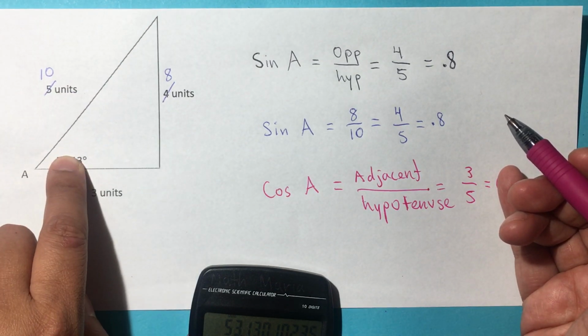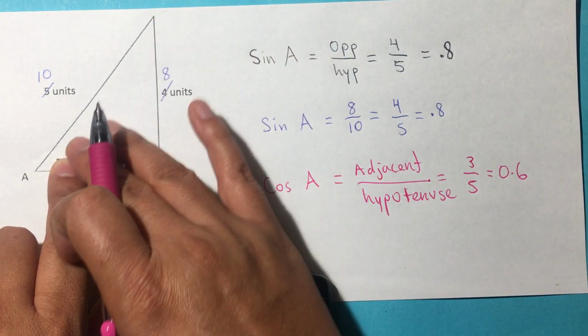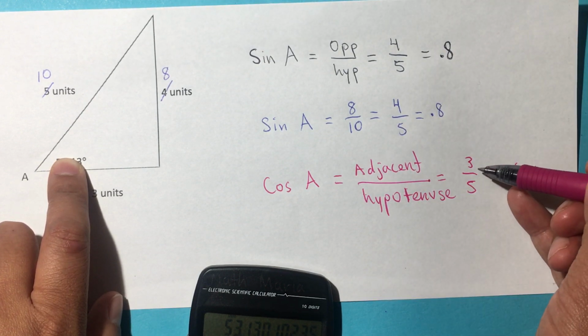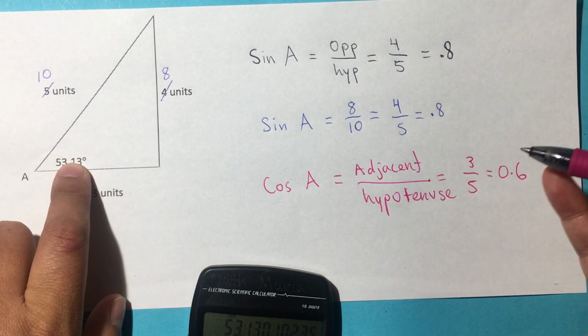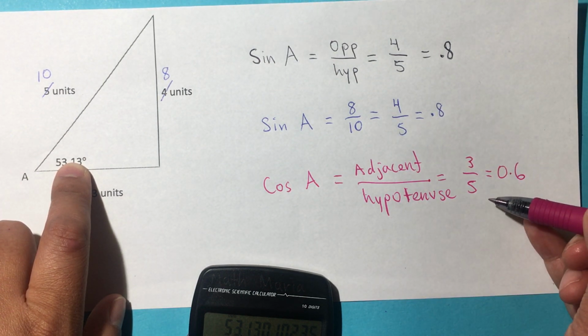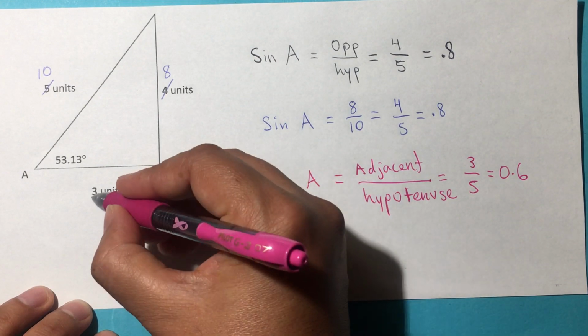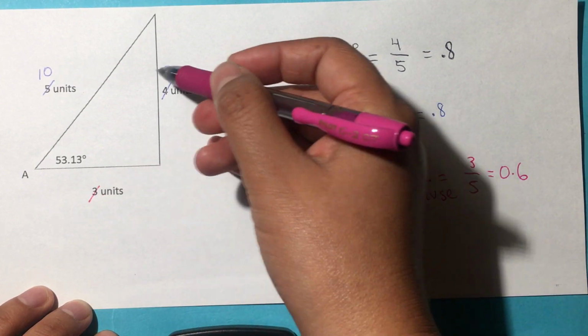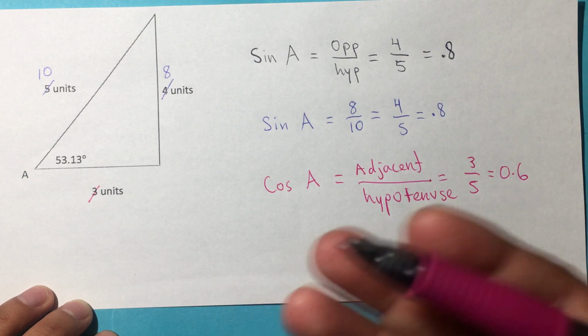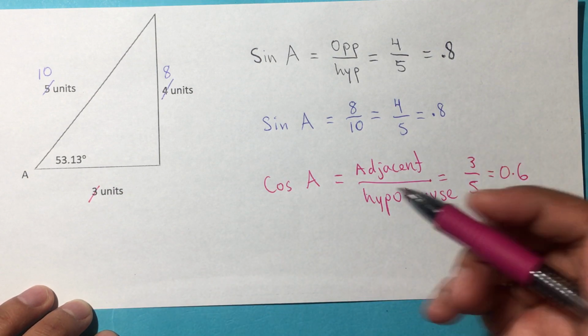And that same angle, it doesn't matter how long the sides are, but the ratio, the comparison of the cosine for that specific angle will always simplify to 0.6 or 3 over 5. And let's say that we double it just like we did. You can triple it, you can multiply it by 5, but the ratio will always stay the same, okay?